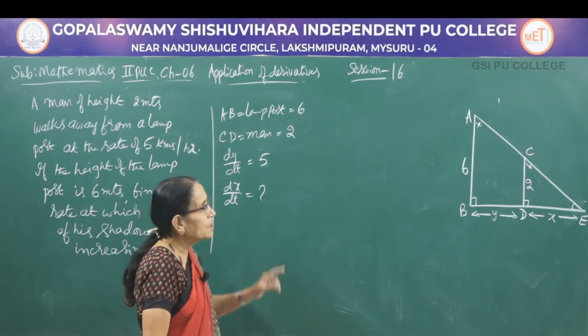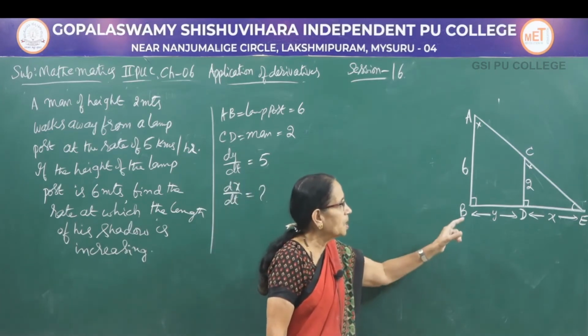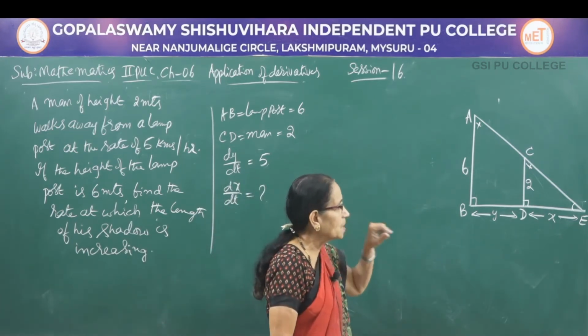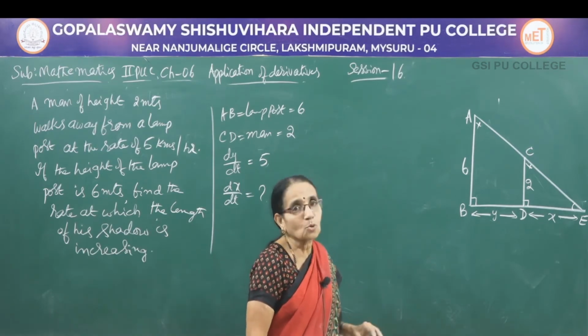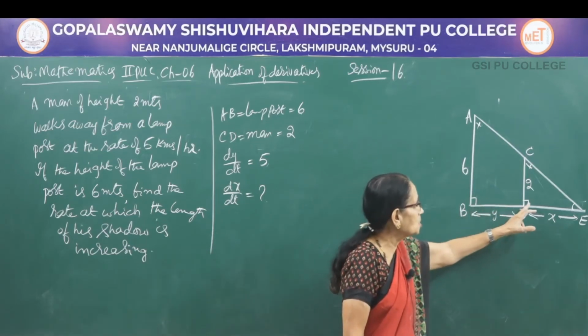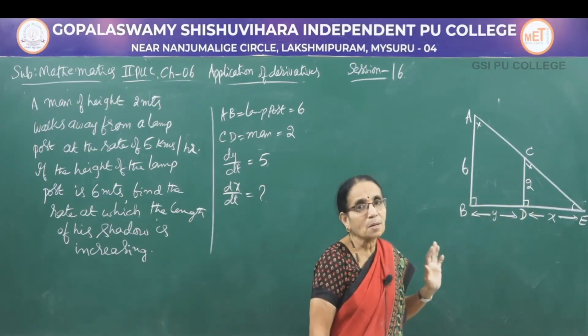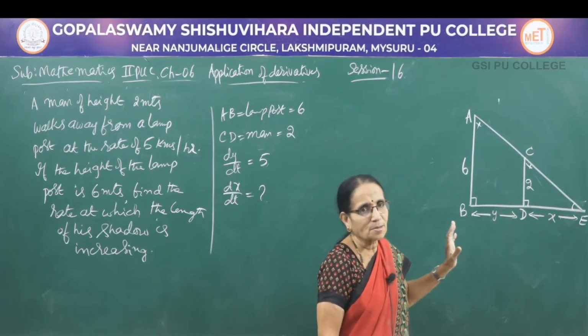Now here we have two right angle triangles. What are they? One is ABE, the other one is CDE. Let us compare those two triangles. Look here, angle B equals angle D, both of them being right angles. And angle E is common to both the triangles, isn't it?